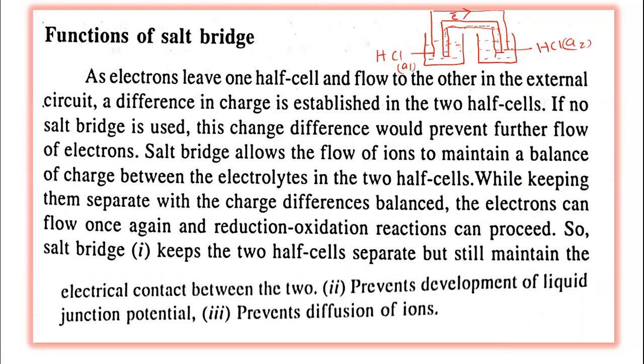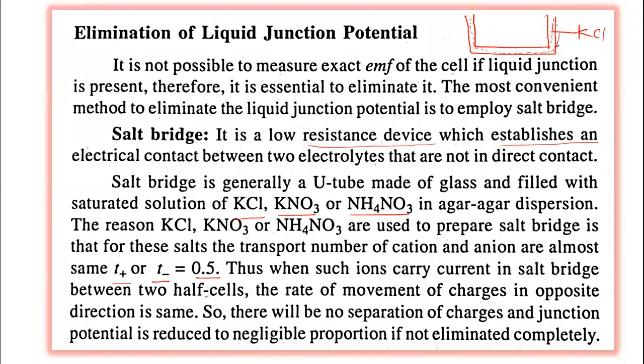Particularly in the construction of the salt bridge, potassium chloride, potassium nitrate and ammonium nitrate salts can be used, because in the case of these salts, the transport numbers of the cation and anion are the same.